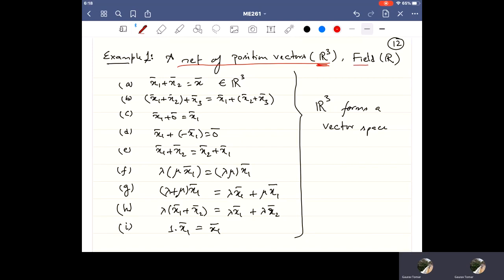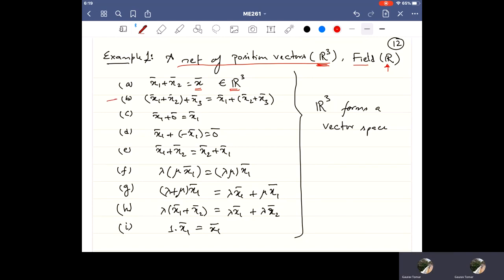Here the field is essentially the field of real numbers, the real axis, which forms a field with respect to scalar addition and scalar multiplication, right? Now if you take two vectors and add them up, the resultant vector is also going to belong to the 3D space, R cube, right?